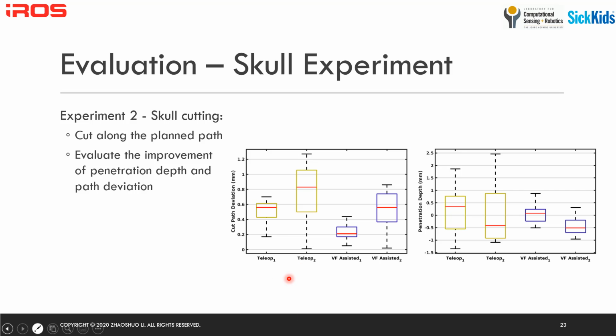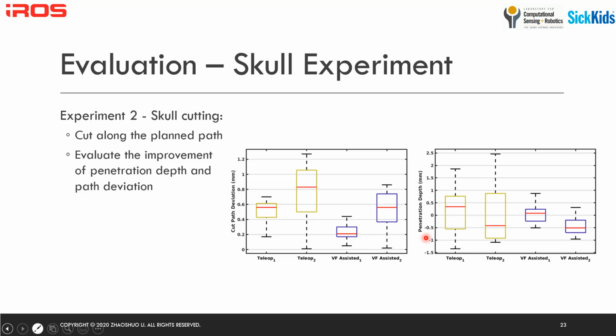Of the two skulls cut by teleoperation and the two skulls cut by virtual fixture assisted teleoperation, we see that the cut path deviation has dropped from on average 0.63 mm to 0.37 mm with a much smaller standard deviation.